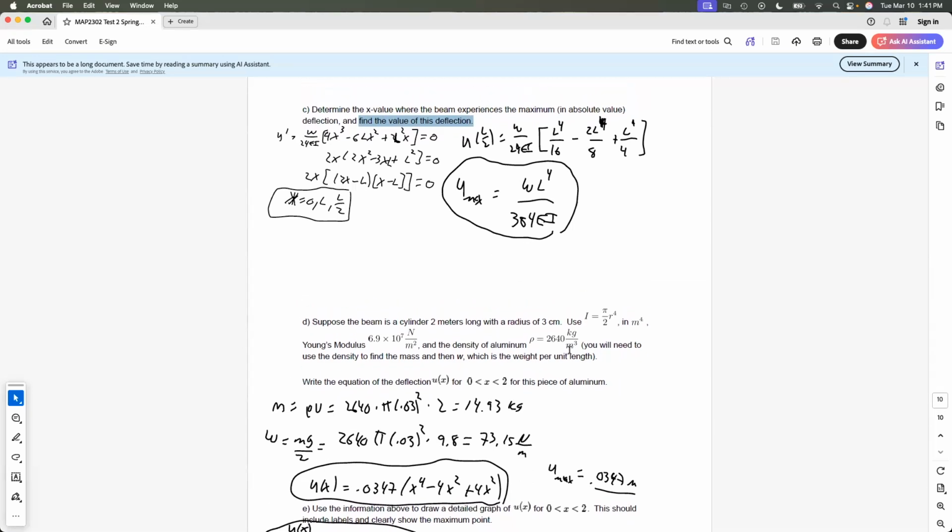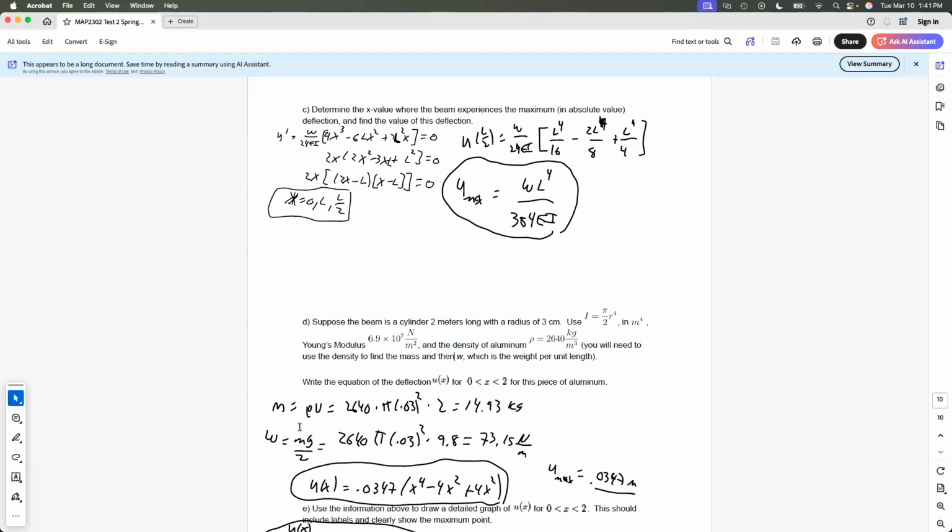So the first thing we have to do here is find the density so that we can find W, which is the weight per unit length. So density, rho, is mass divided by volume. That means mass is rho times volume. So I'm going to have to find the volume of this cylinder.